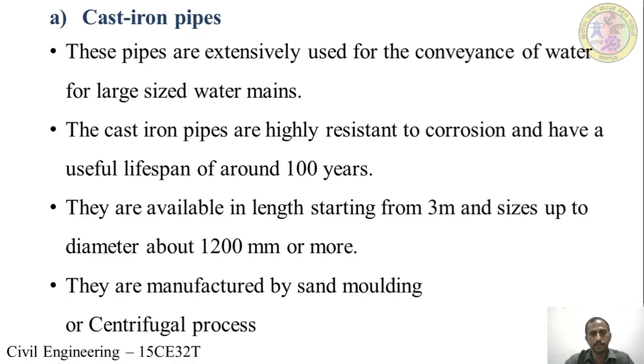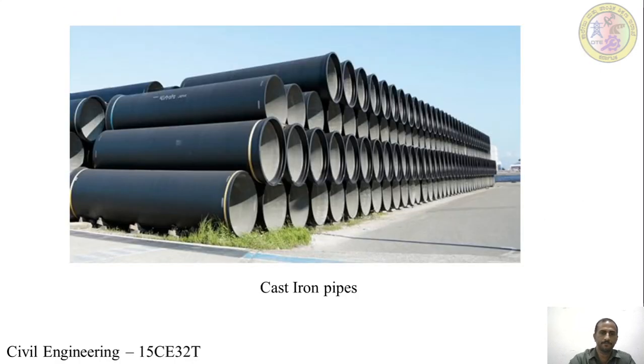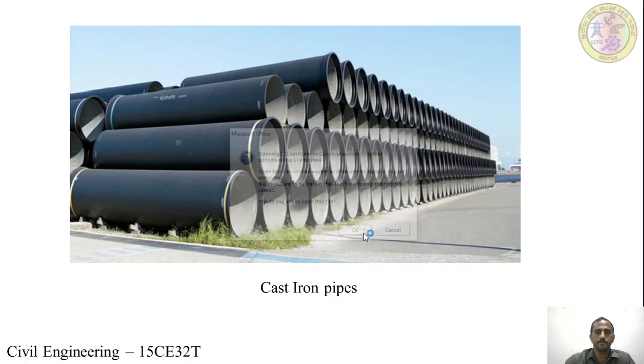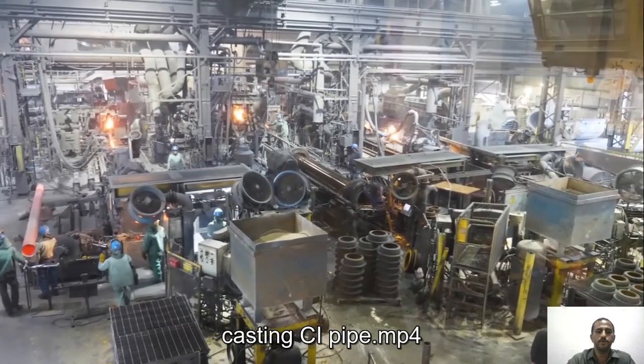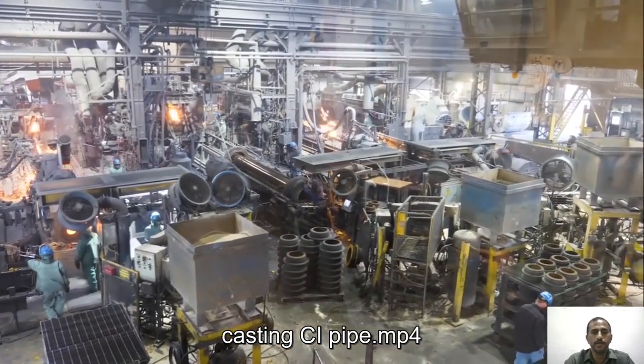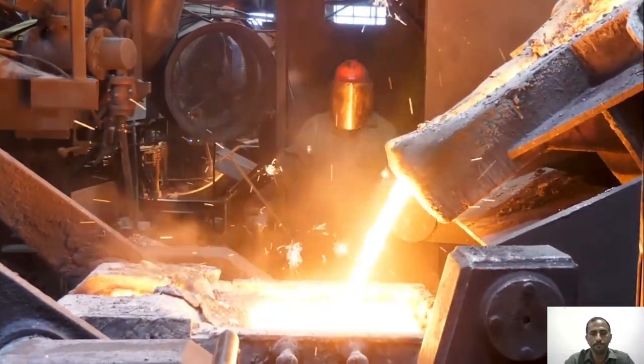These cast iron pipes are easy to cast because of their low melting temperature. Here you can see the photo of the cast iron pipes stacked one above the other. We can also have a look at the casting process of cast iron pipes.